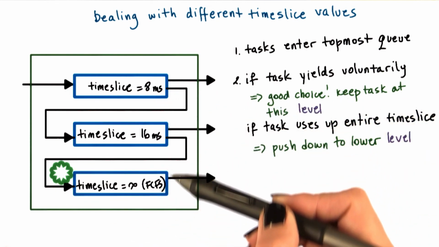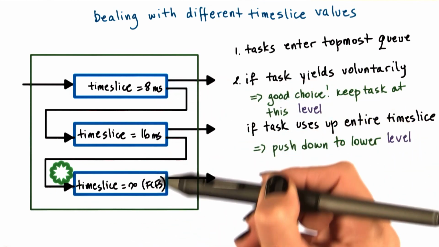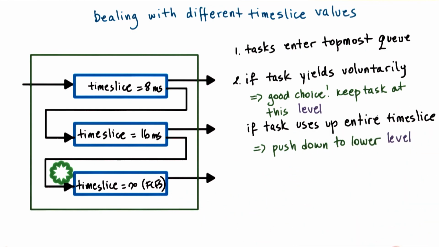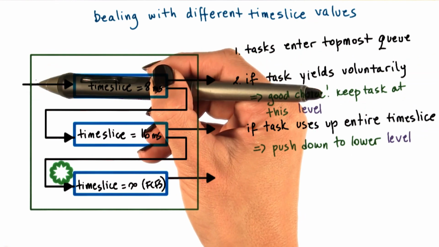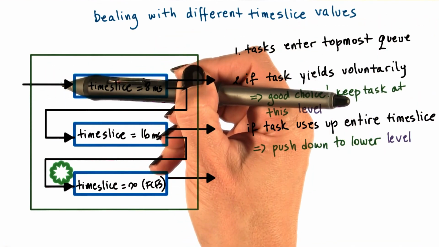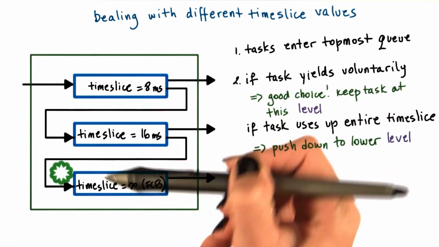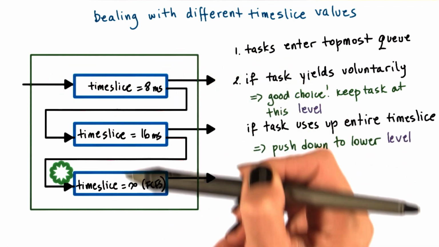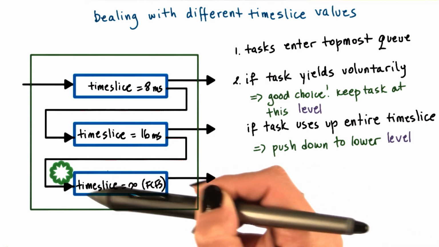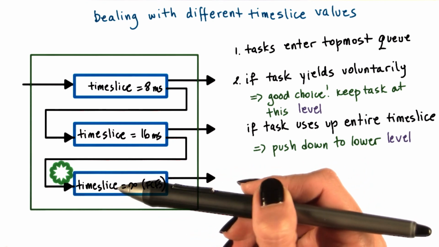So we basically have a mechanism to push the task down these levels based on its historic information. Although we didn't know if a task is I/O or CPU intensive to start with, we made an assumption and then we were able to correct for it. So we assumed that it's I/O intensive and we were able to correct and push it down these levels, down to the lowest level in case it's CPU intensive.